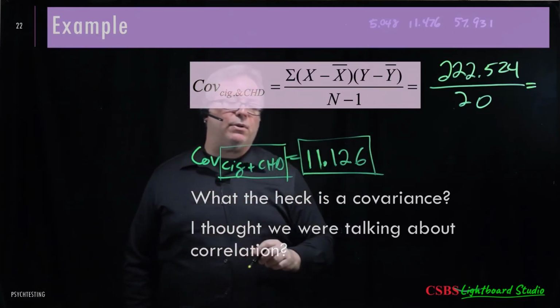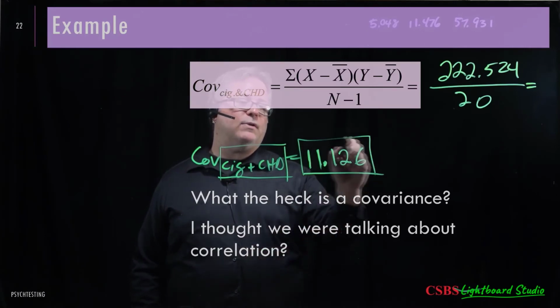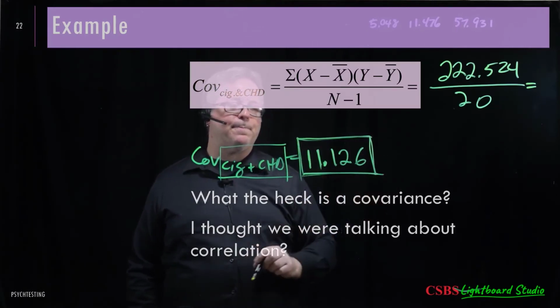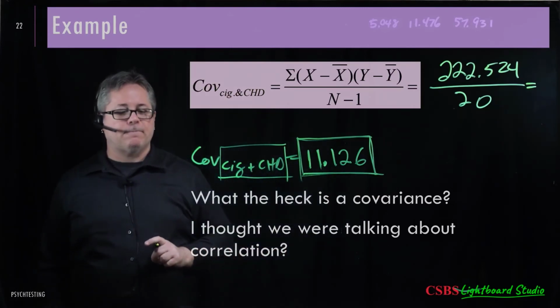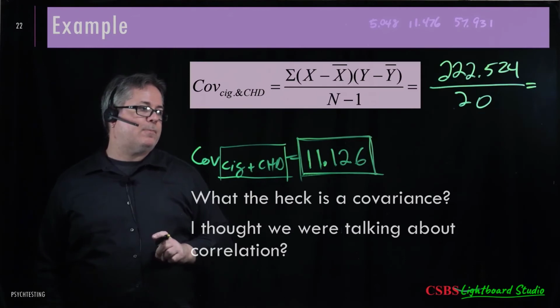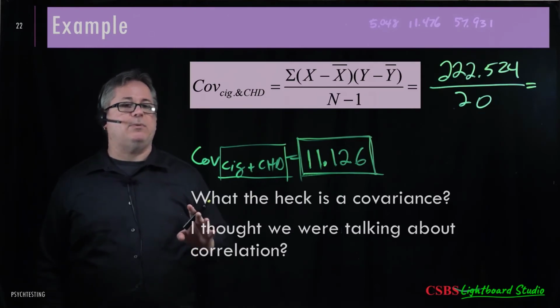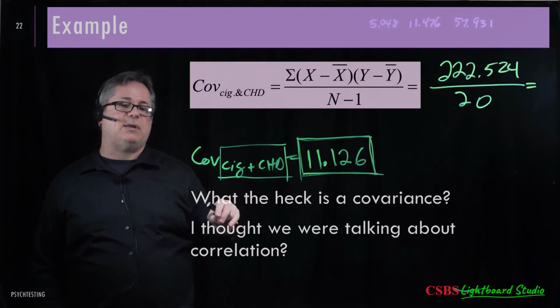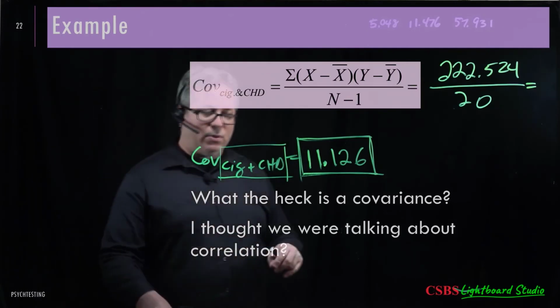What does this value tell me about the covariance between these variables? No, we're at step 1 towards a correlation. We haven't got the correlation yet.